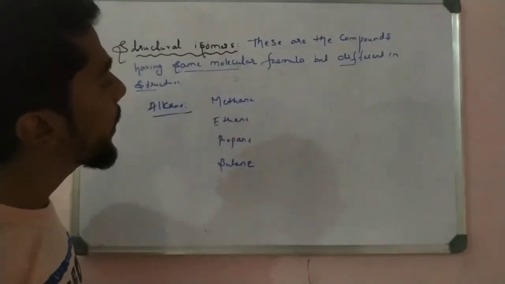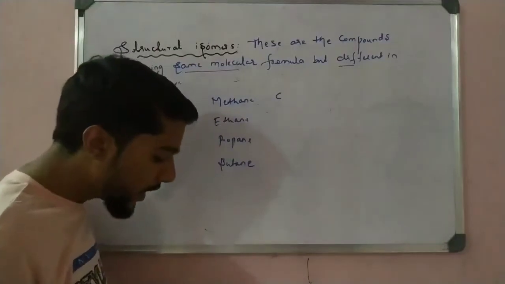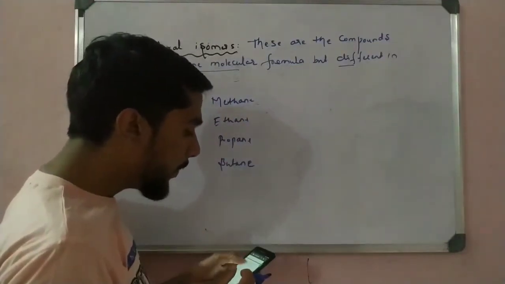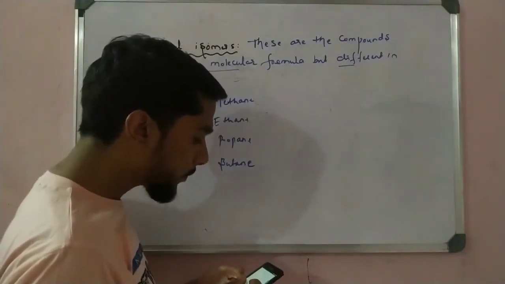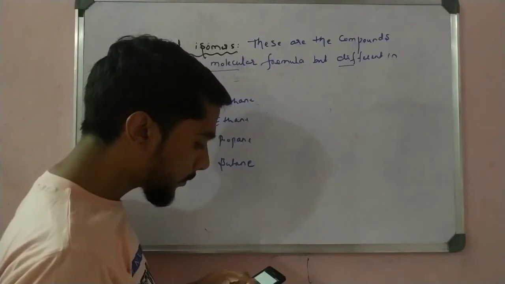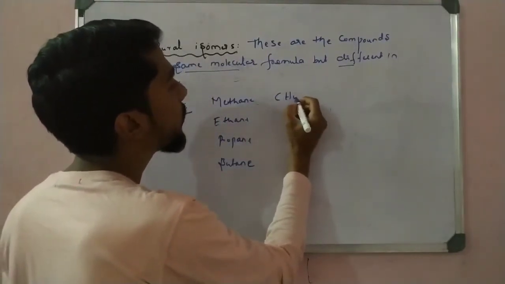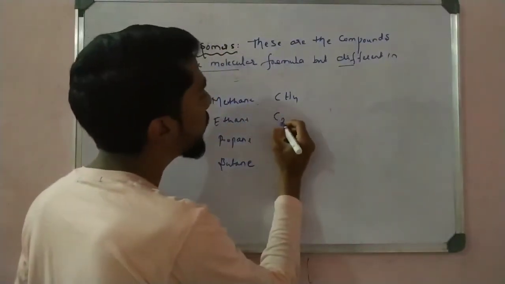So now let us see what methane is. Methane is C1, so we get methane CH4. Okay, C1H4. Like that, ethane we get what?